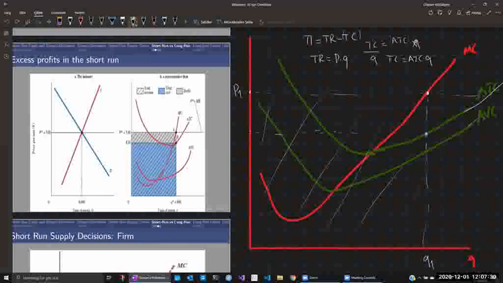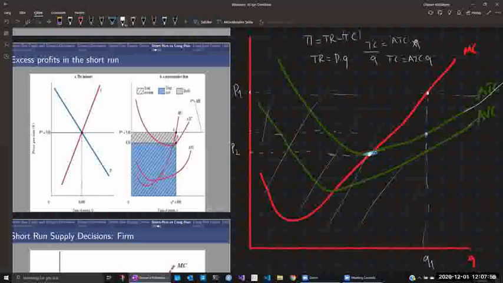Now let us consider another price level. The price level is such that it is exactly the same as the average total cost. So let's say this is P2.